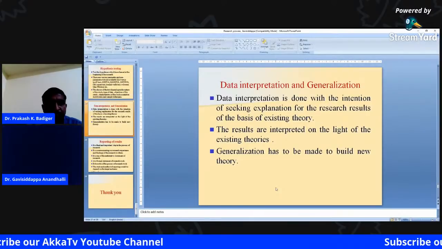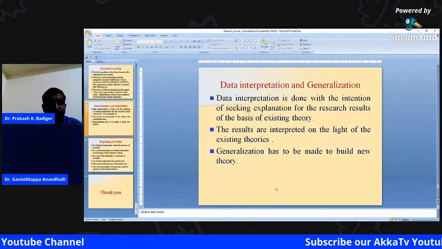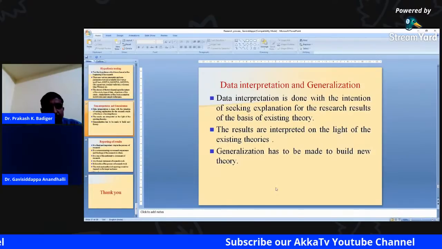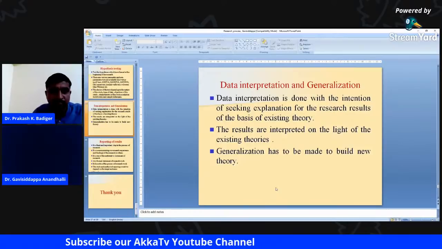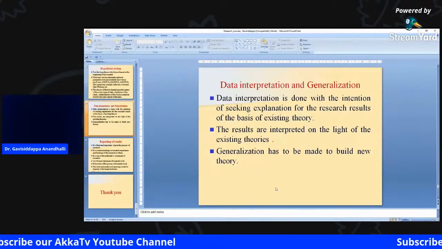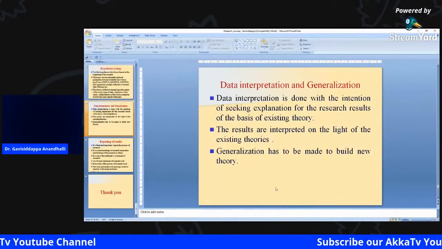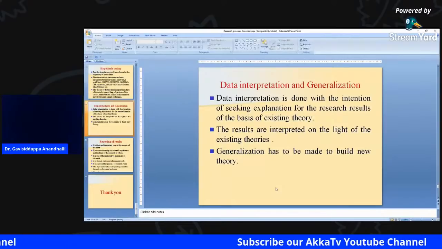That kind of problem we are facing. The next step in this process is data interpretation and generalization. Data interpretation is done with the intention of seeking the explanation for the research results on the basis of existing theory.